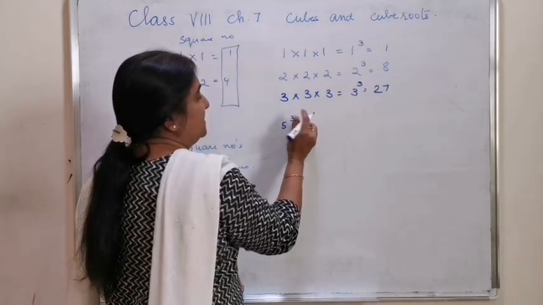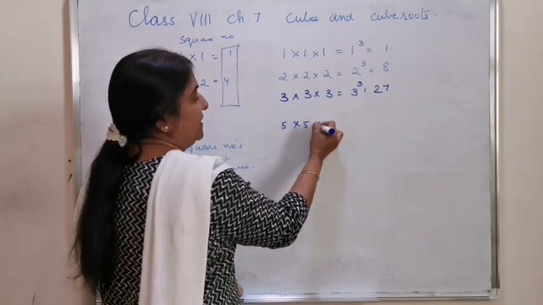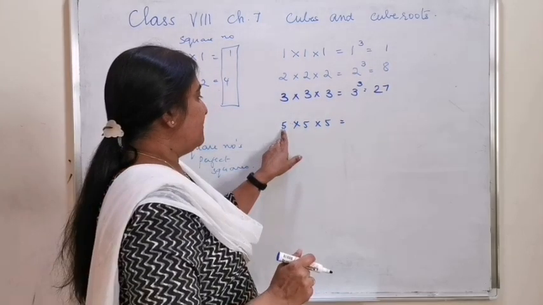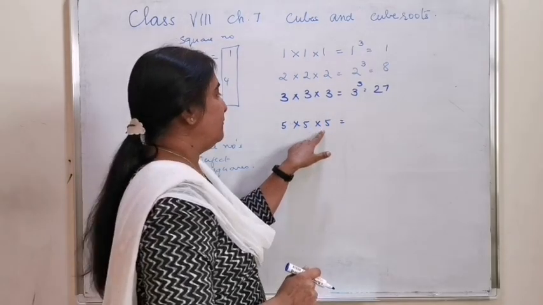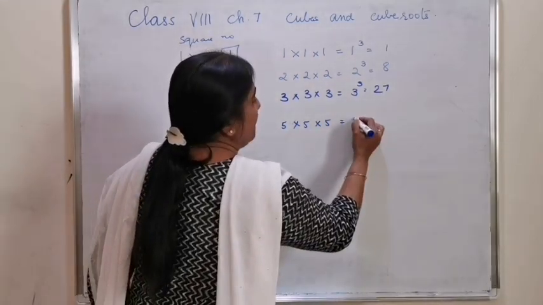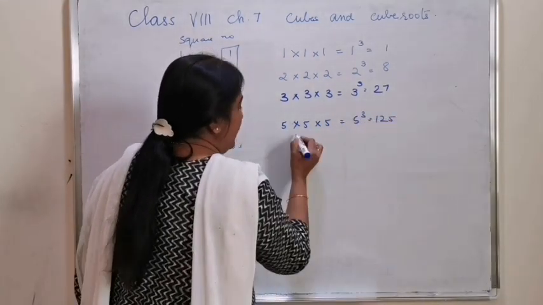5 cubed. 5 into 5 into 5 is equal to 5 into 5, 25 into 5 is equal to 125 and so on.